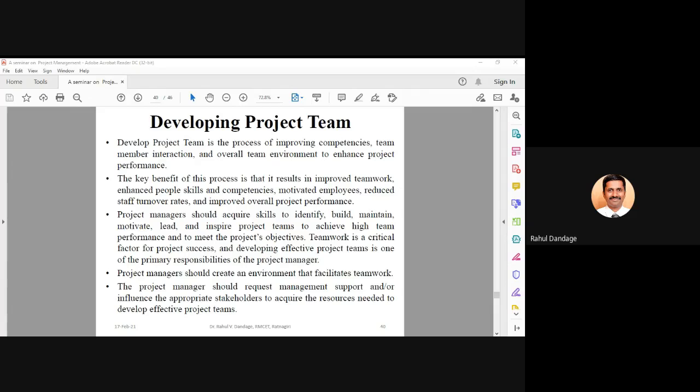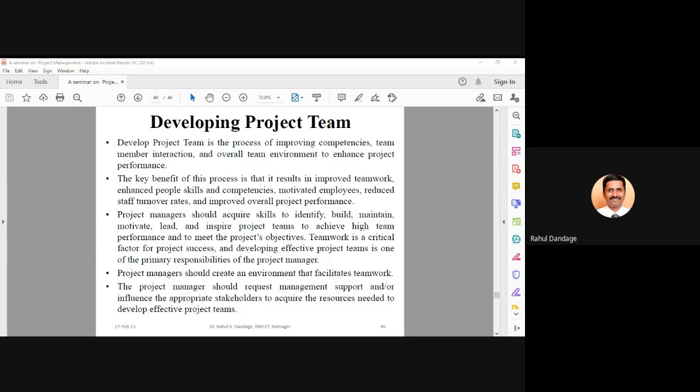So always there are transition going on. It is not a retention of your people. So in such case, if you apply this process, development of project team, in right sense, the retention rate will be good. You will be able to retain your project employees, project staff for longer duration, and automatically the staff turnover rate will get reduced.